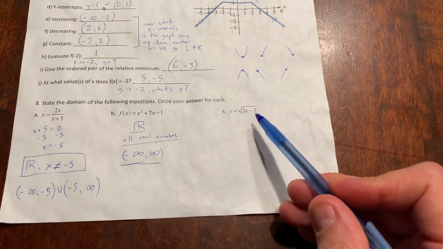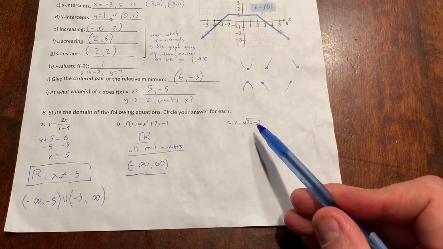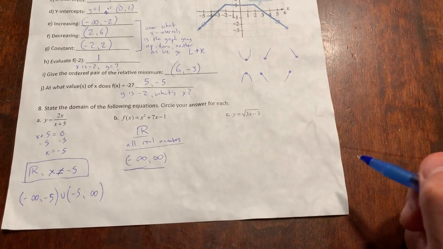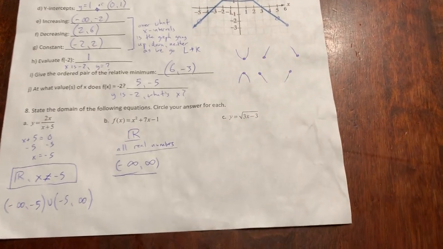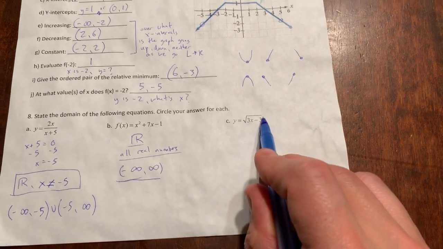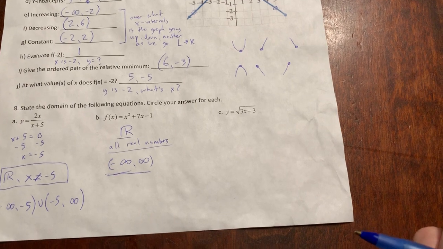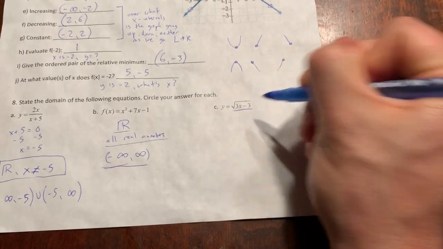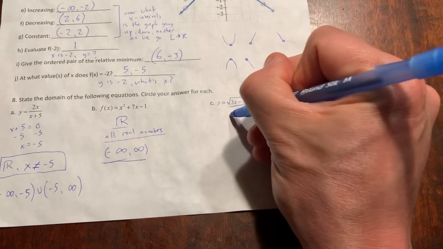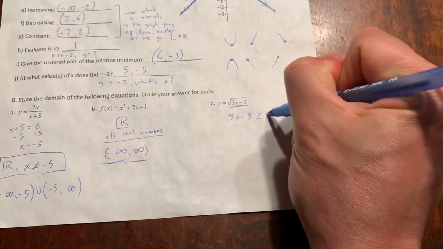All right, lastly, when you're dealing with even-powered roots, like a square root or a fourth root, basically what creates problems here for domain is anything that would force you to take the square root of a negative number. So essentially, for our domain, we want to keep whatever's inside of that radical positive or 0. So we set it to be greater than or equal to 0.